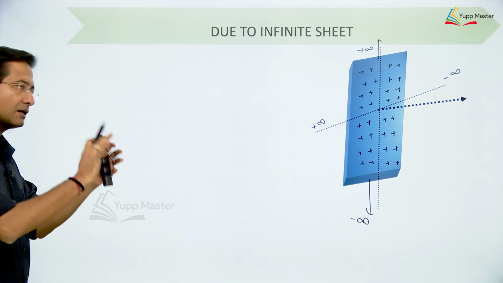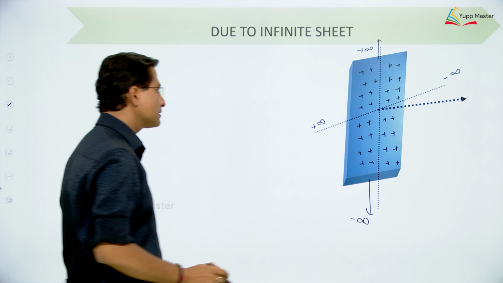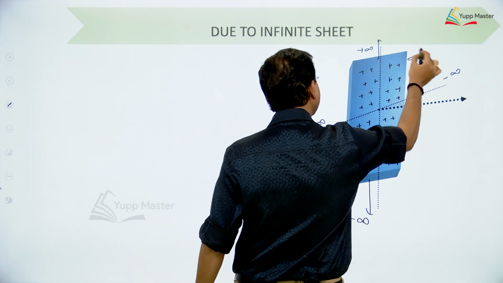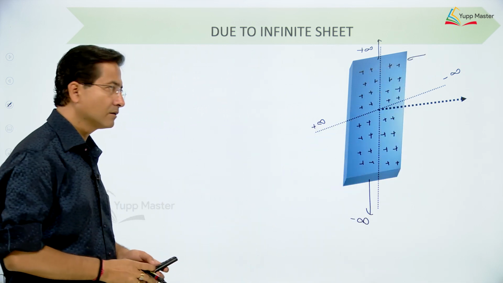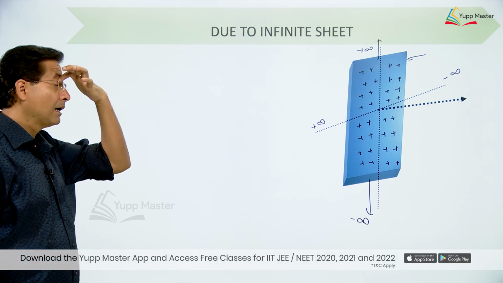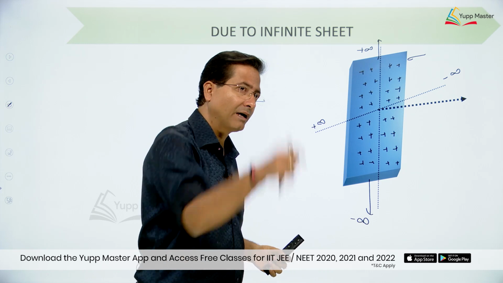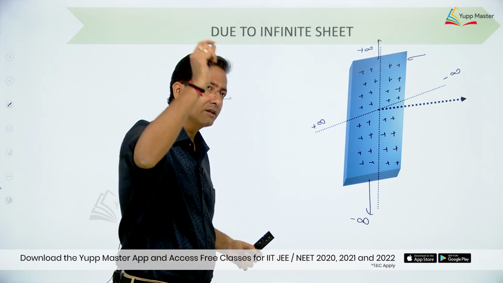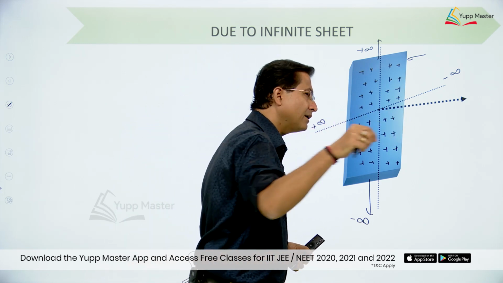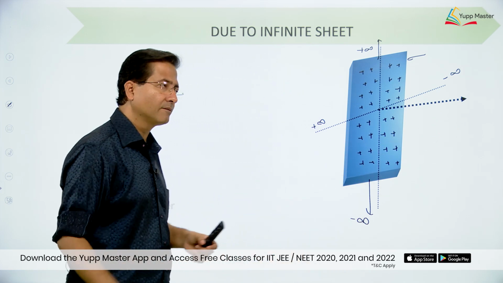So the surface charge distribution is uniform and the surface charge density is sigma. Now I want to find the result for this one. I can assume this to be made up of infinite straight wires, where all the wires are creating field at this particular point, I will add the contribution, and I will get the total field.